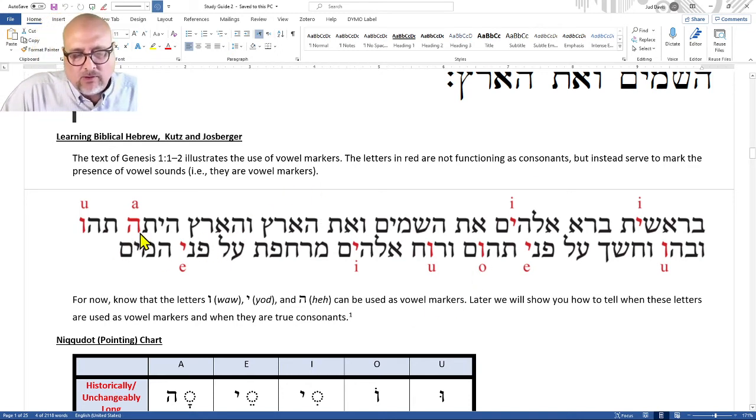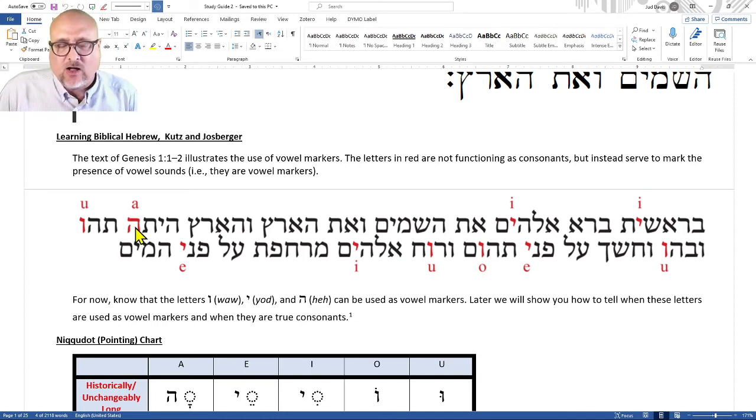These letters are called Mater Lectionis, a mother of reading. So sometime before pointing was put in the text, some scribes started using this system of Mater Lectionis, where they were using consonants as if they were pseudo vowels.